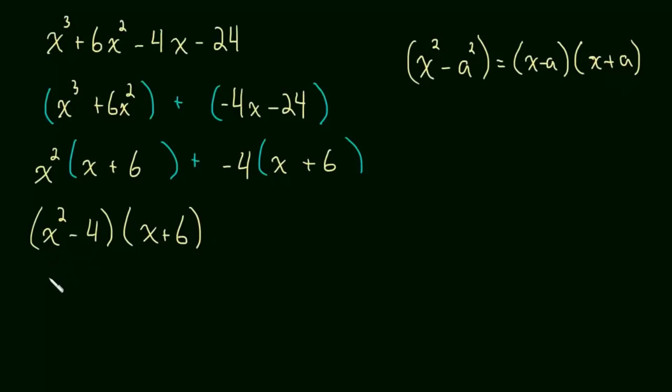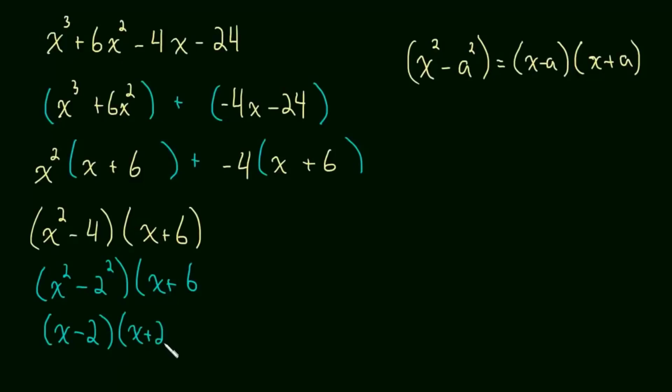Isn't this x squared minus 4 is the same as x squared minus 2 squared times by x plus 6. So now we can use the difference of squares to factor this completely into x minus 2 times x plus 2 times by, oops, sorry, I missed a parenthesis up there, times by x plus 6. And now we're done. This is as simple as we can get this problem.